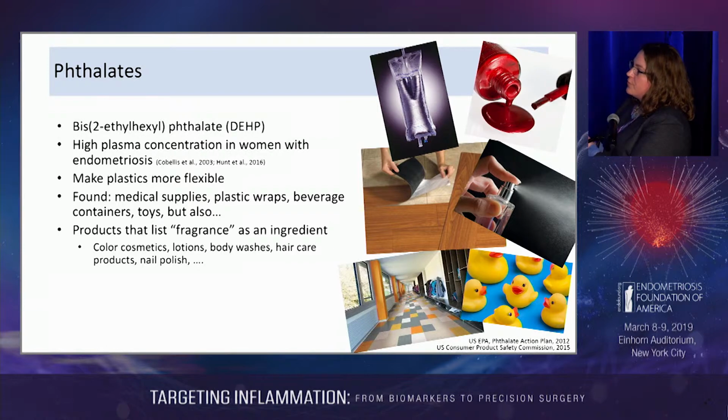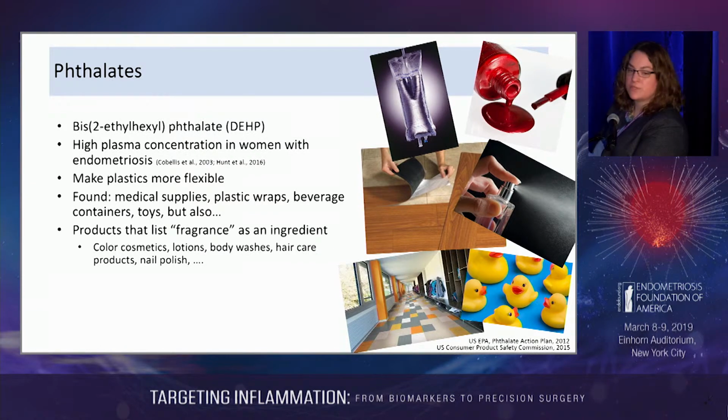They're found in a number of different places, and you can read them. But what is completely shocking to me is that the FDA does not regulate anything that has to do with cosmetics, lotions, shampoos, those types of things. And DEHP can be listed in ingredients as fragrance. So what are these fragrances in?